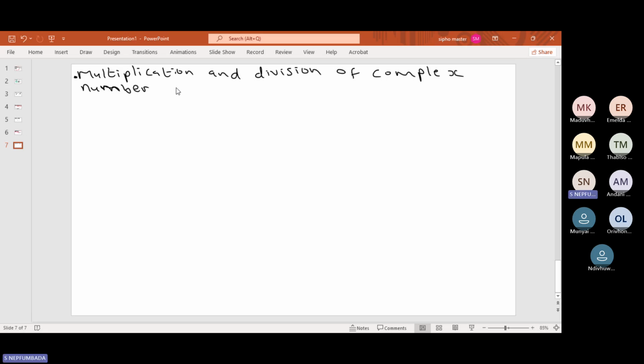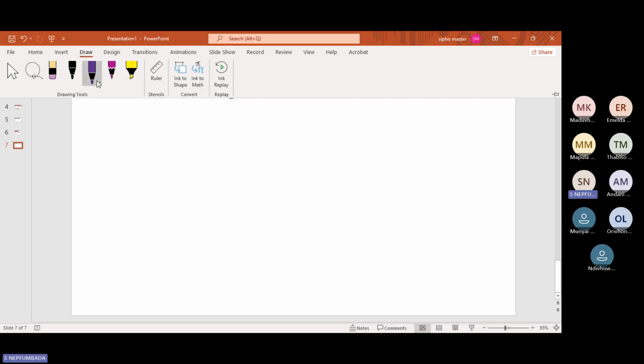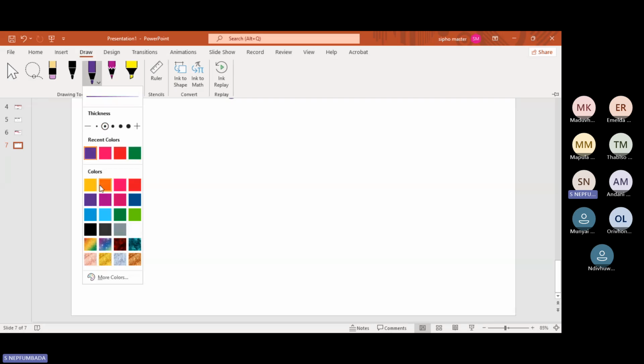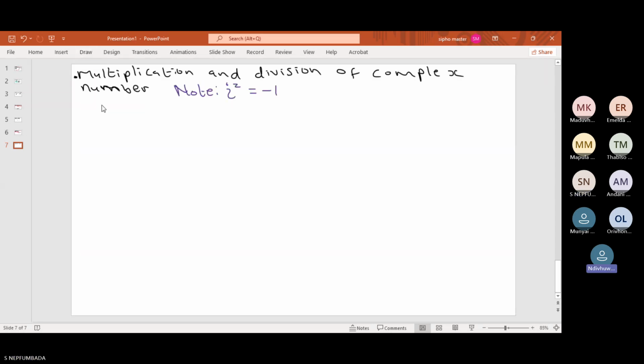So now, remember that i squared is equal to what? Minus 1.